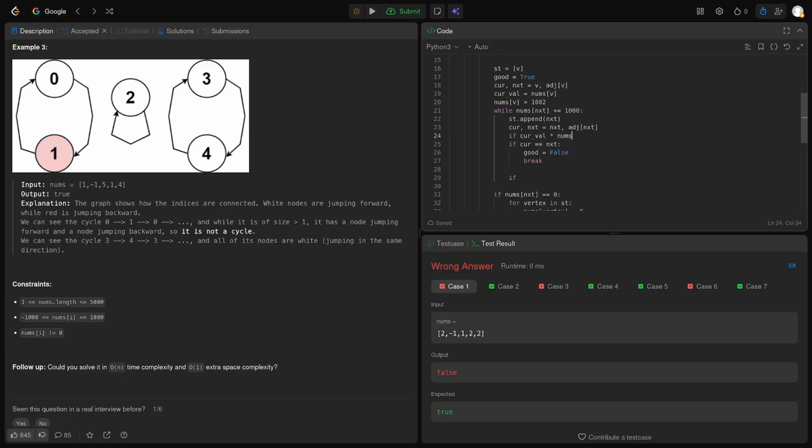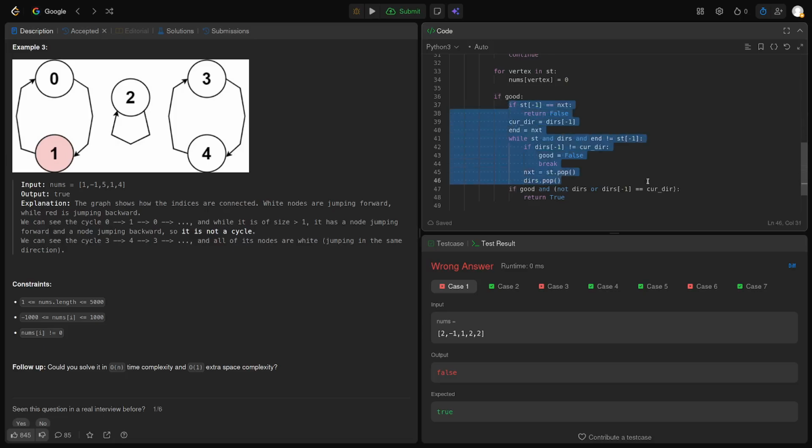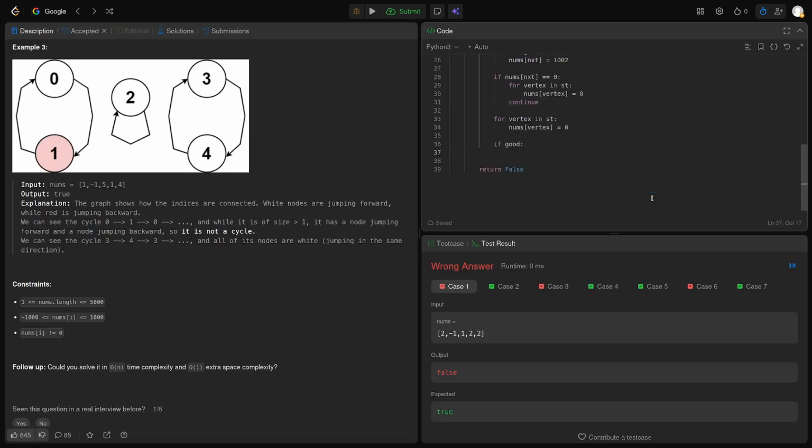Times, and good, right? And then here this is just absolutely disgusting direction checking.